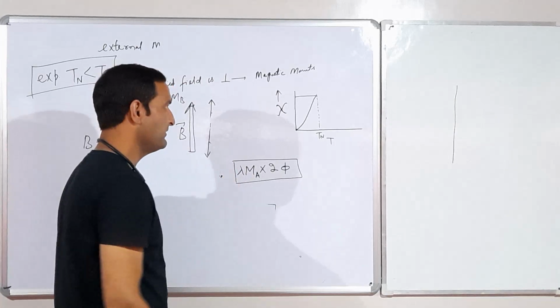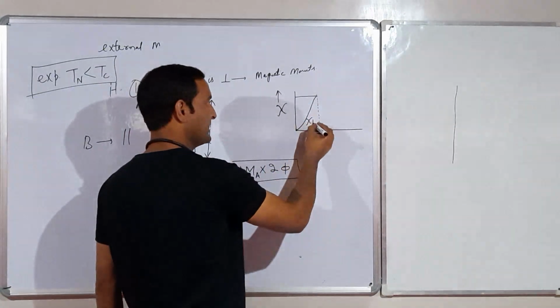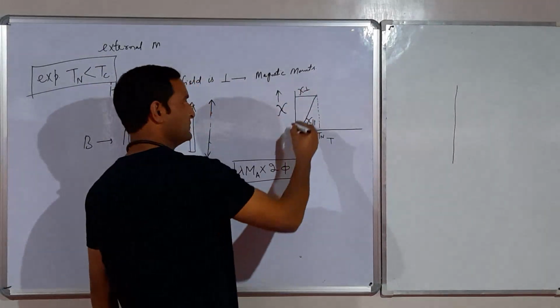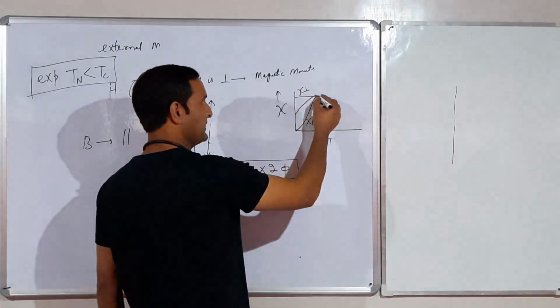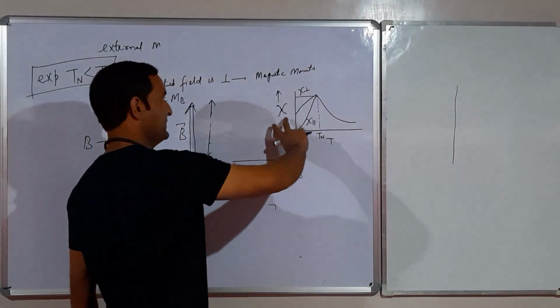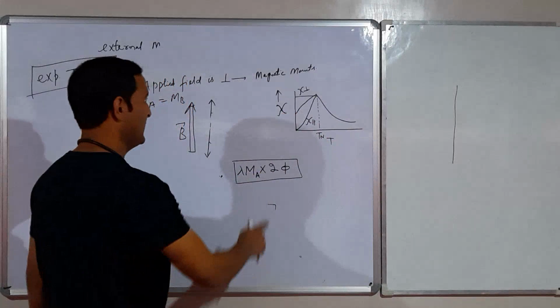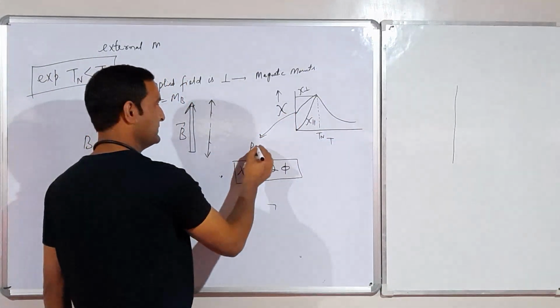So this is chi parallel, this is chi perpendicular. The average of these will be like this, and after this it falls like this. This behavior would be the average for most of the polycrystalline materials.